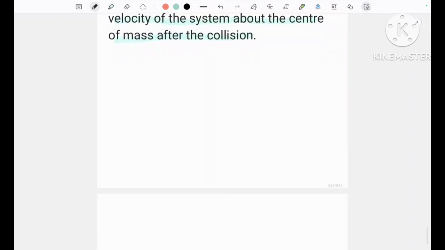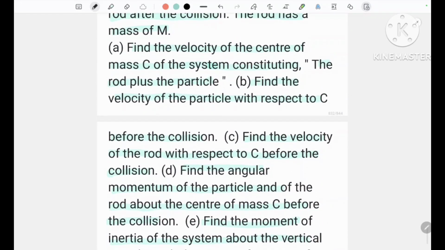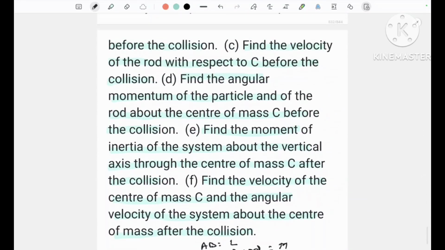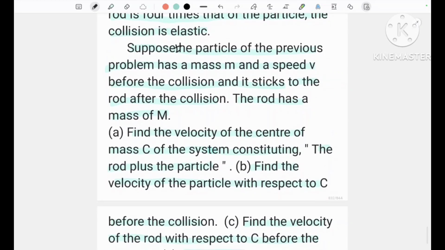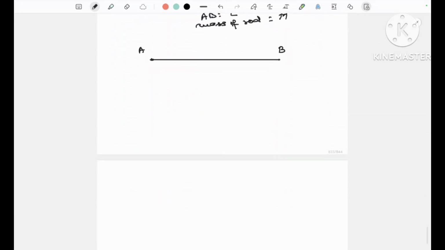A uniform rod AB, AB is equal to L and mass of rod M. A particle collides with the rod, its mass m, speed is v, at the center O of the rod.